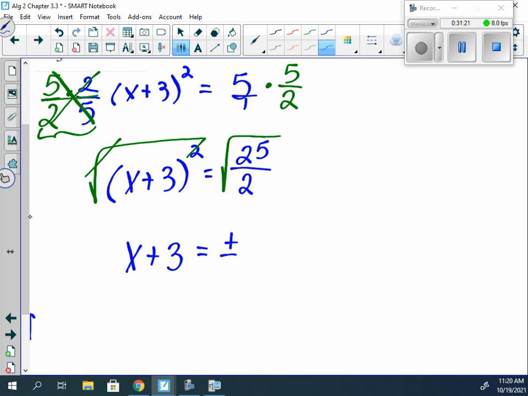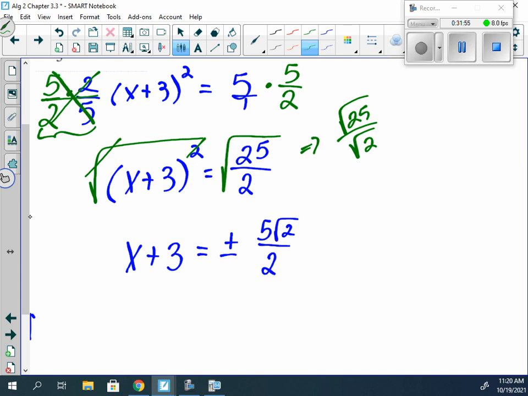Now, if we type this into the calculator, it should give us 5 square root of 2 over 2. We might have to type it in instead of just 25 over 2 as the square root of 25 over the square root of 2.